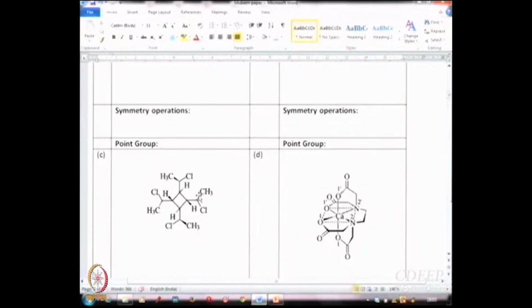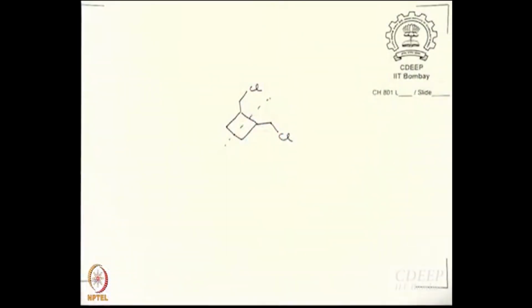Understand? So this is not a C2. Understand what happens if I perform a C2 about this? I just draw this. What you are saying is, you are saying this is a C2. Now you perform the C2 operation, it is not a symmetry operation.